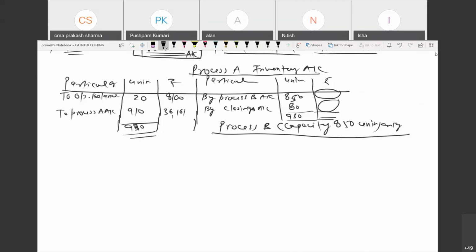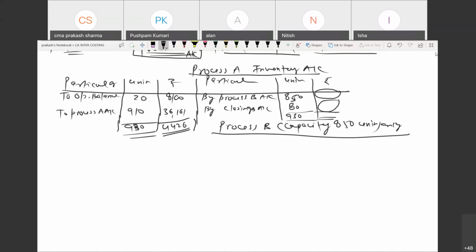Or you can also assume the closing stock is valued by the weighted average cost method. If I am assuming the weighted average cost method, first of all, I would calculate the total value of my inventory, including the opening balance. So the total value becomes 44,261.